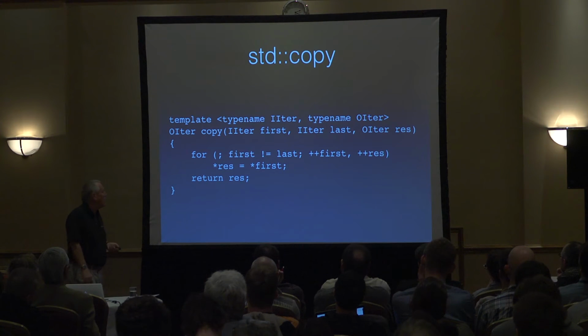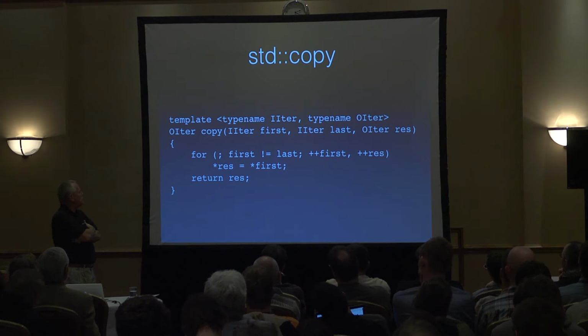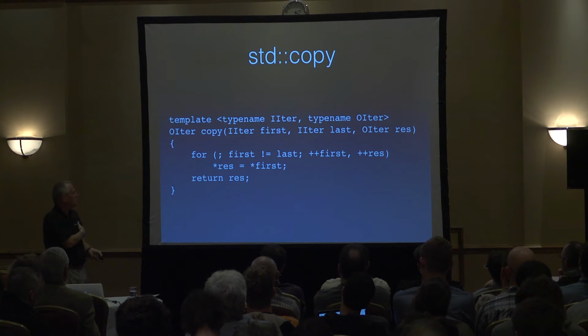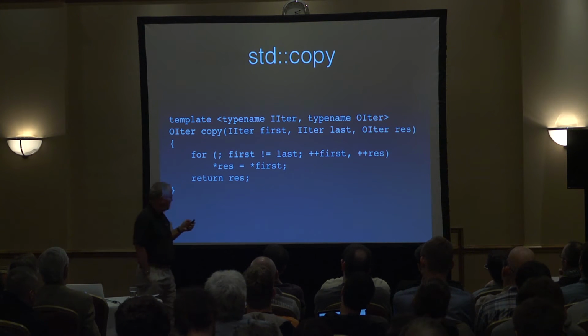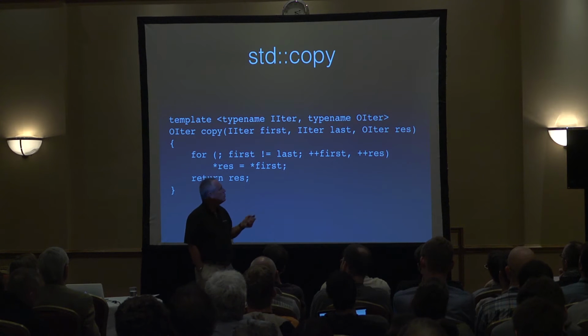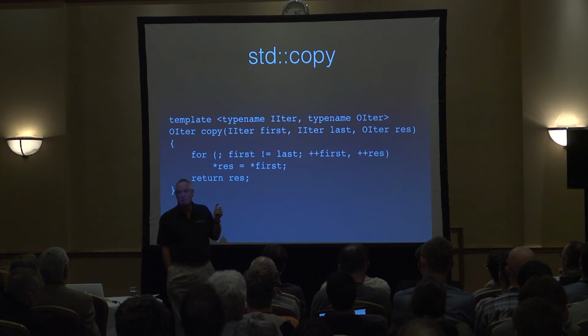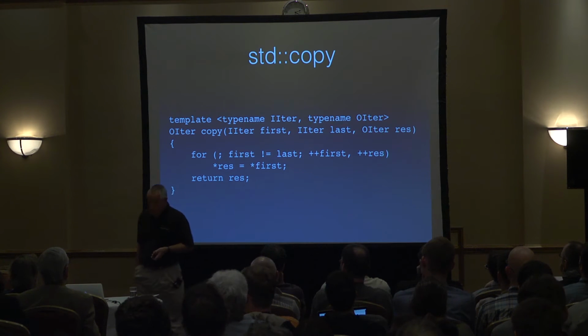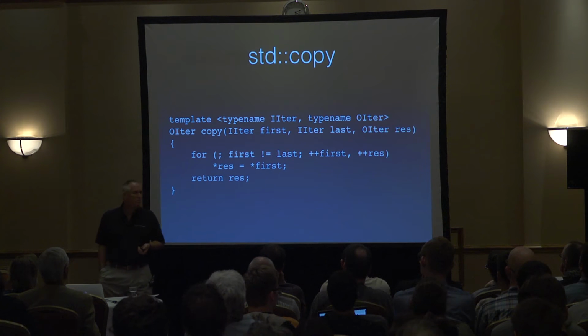Anyway, what would you use this for? You could use this for all sorts of things because OIter is a type. And it may be a generalization of a pointer, which means it could be a pointer, in which case you're just writing to memory, but it could be all sorts of things.